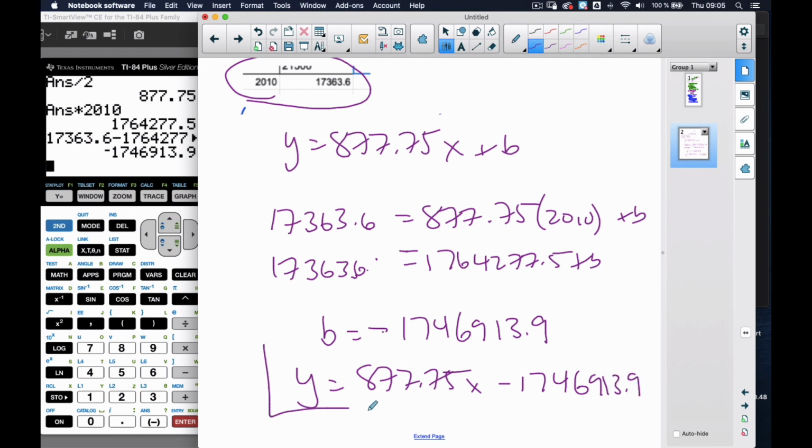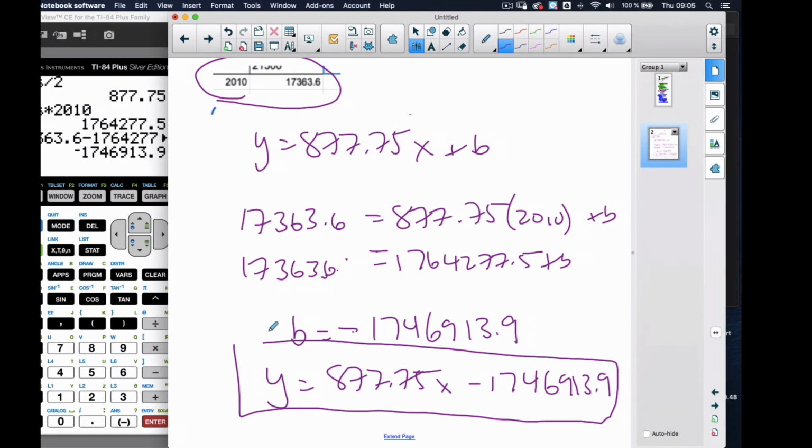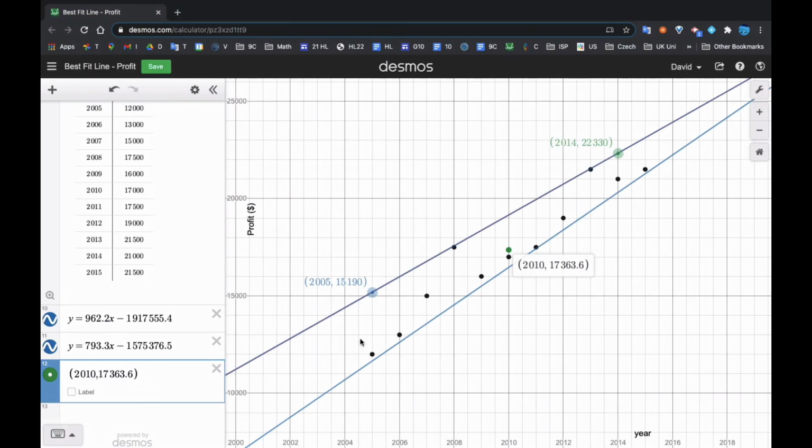And so when I take these values and plug them into Desmos, the line should go straight through the middle, kind of between the two, and through this point here that we've added into there.